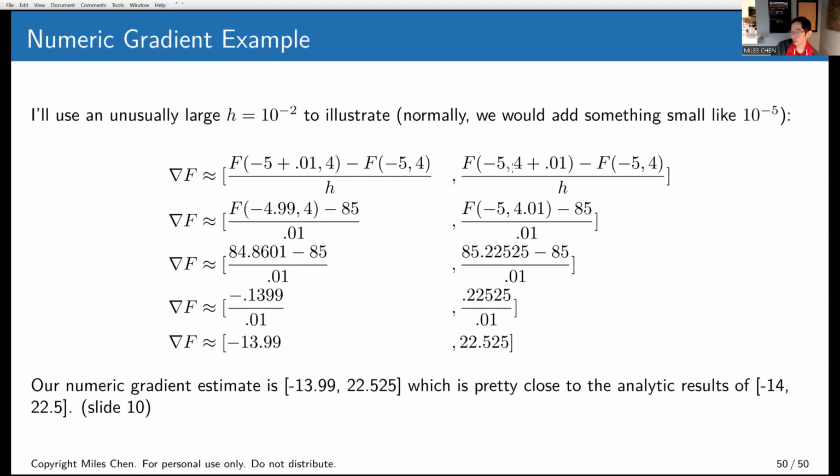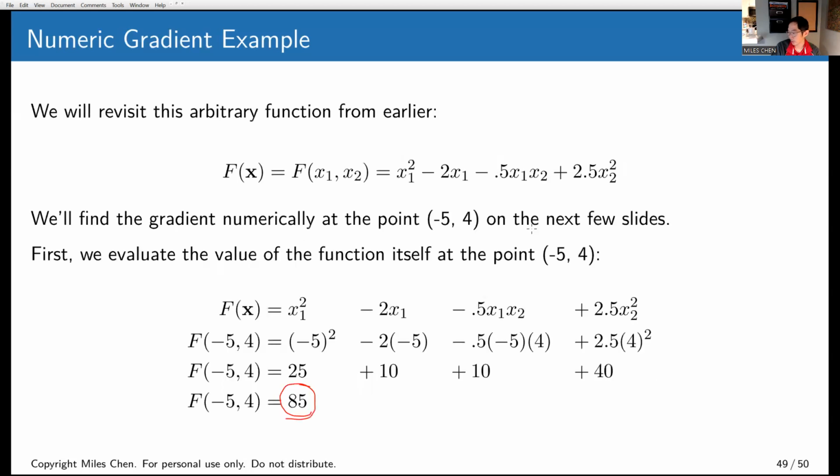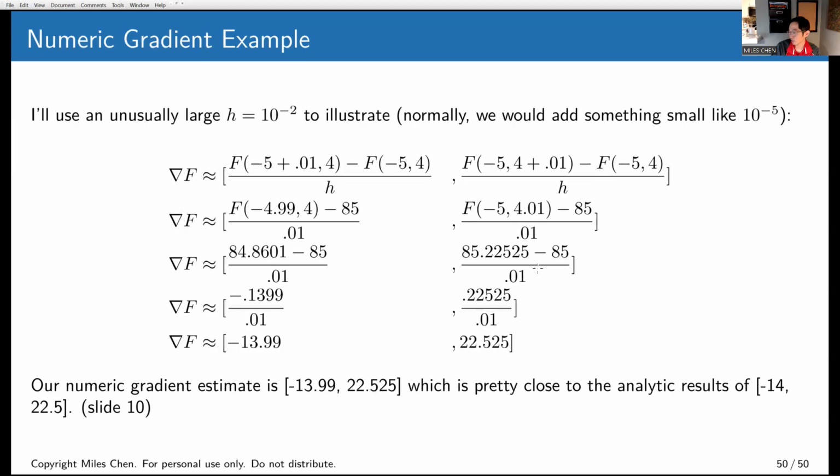For the x2 component, the partial derivative with respect to x2, I add 0.01 to x2. So I plug in 4.01 for x2, and you get 85.225, okay? How much did that change? It changed by around 0.2252, and dividing by 0.01 gives 22.525. And so my numeric estimate of the gradient is -13.99, 22.525.